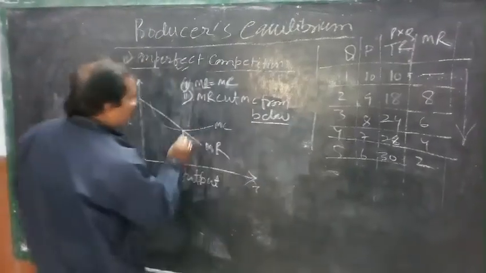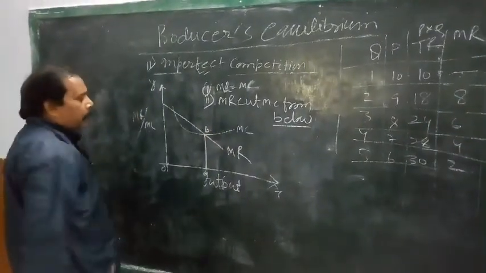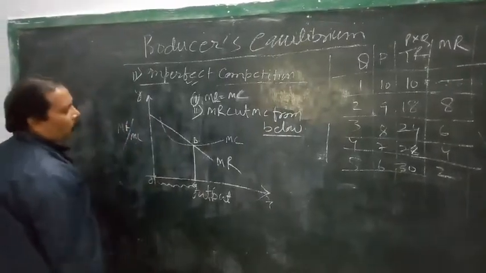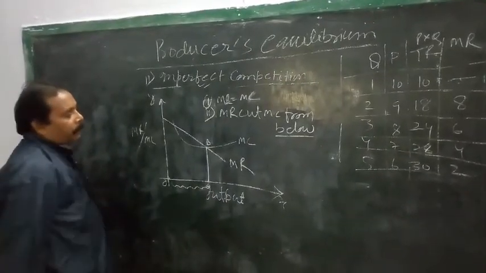So both conditions are fulfilled at that point, which is known as the B point. So if a producer produces OQ quantity, he will earn the maximum profit.